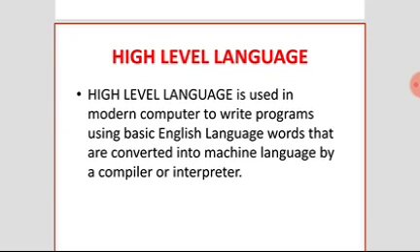So what is high level language? High level language is used in modern computers to write programs using basic English language words that are converted into machine language by a compiler or interpreter.